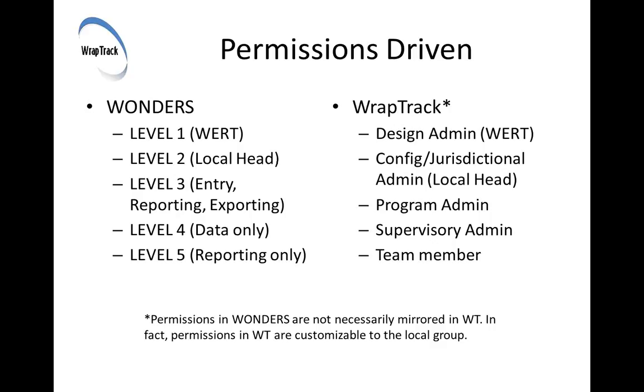Obviously, we were at level 1, and we could access anybody's information at any point, as well as passwords, as we mentioned before. Level 3 was really strict about data entry, reporting and exporting, and level 4 was only data entry. So there were some really strict guidelines.